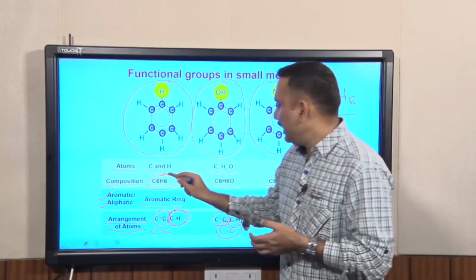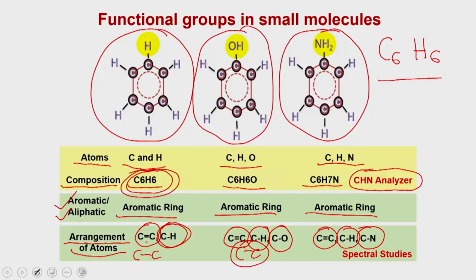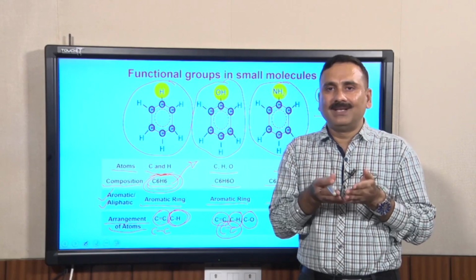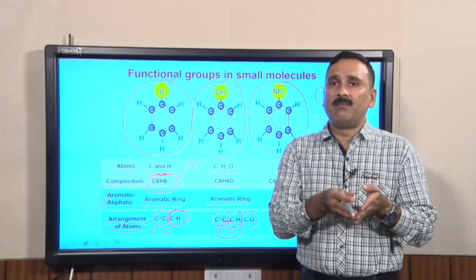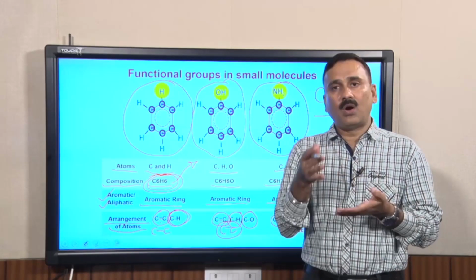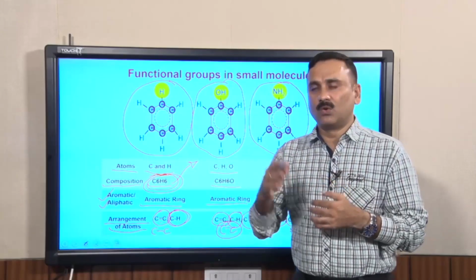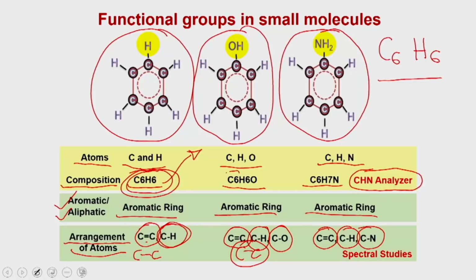For example, in the case of benzene, you got the empirical formula C6H6, that itself says that this particular compound does not contain any functional group, because carbon and hydrogen together do not form any functional group. There you require a third element, either nitrogen or oxygen, to form the functional groups, and that is exactly what is happening here.